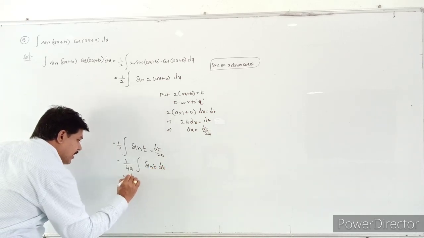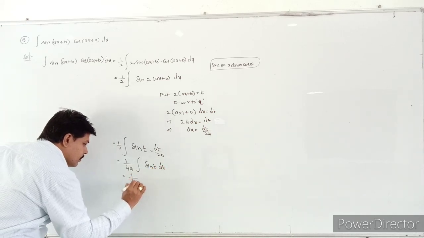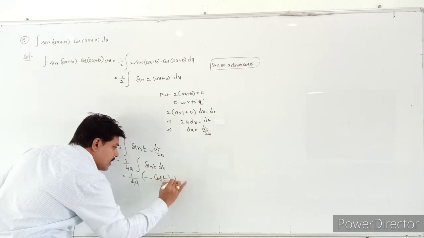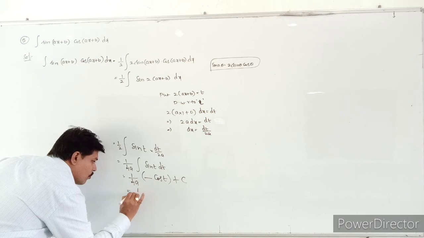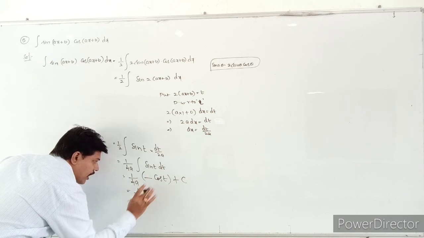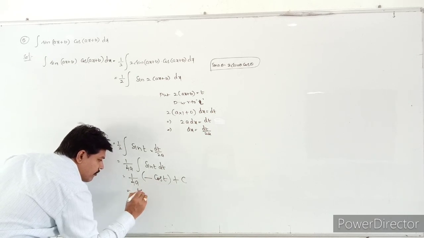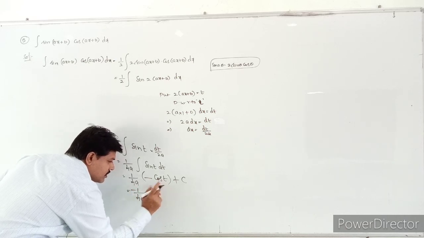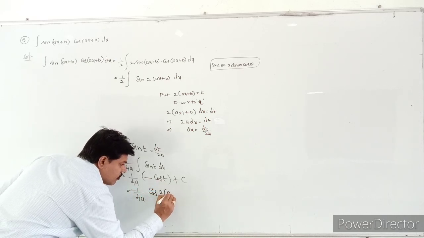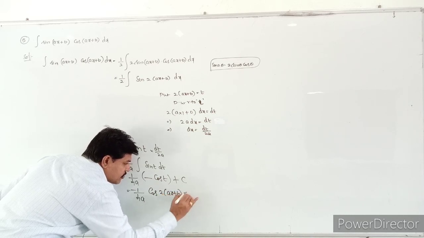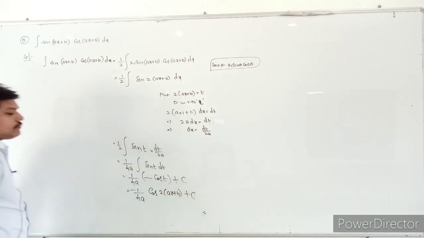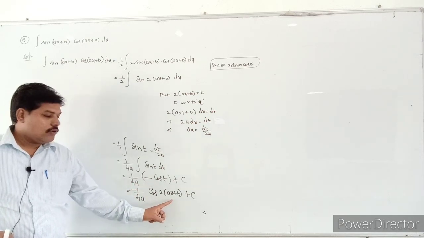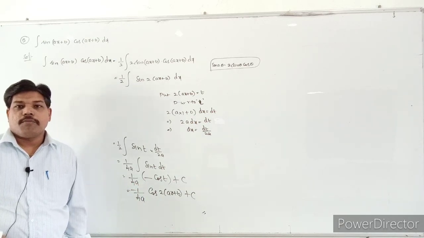Integral of sine is nothing but minus cos t plus c. So that is equal to minus 1 by 4a cos t, where t is equal to 2 into ax plus b, plus c. Minus 1 by 4a into cos of 2 into ax plus b plus c.